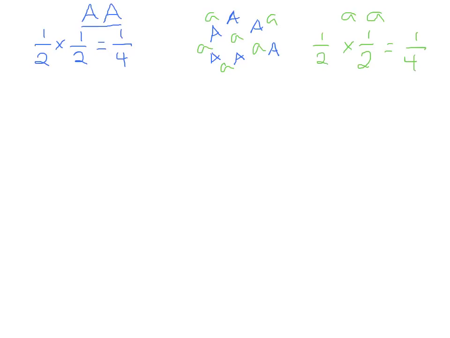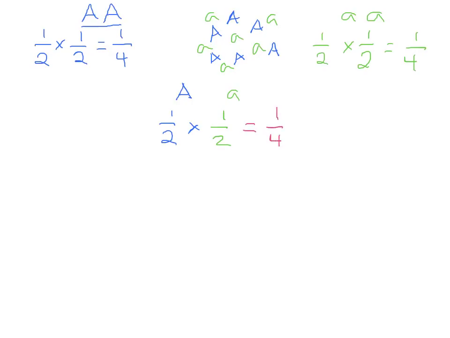So let's do heterozygous. What are my chances of pulling out a capital A and then a lowercase a? Well, my capital A is 1/2, and my lowercase a would also be 1/2, and so that would give me a total of 1/4.